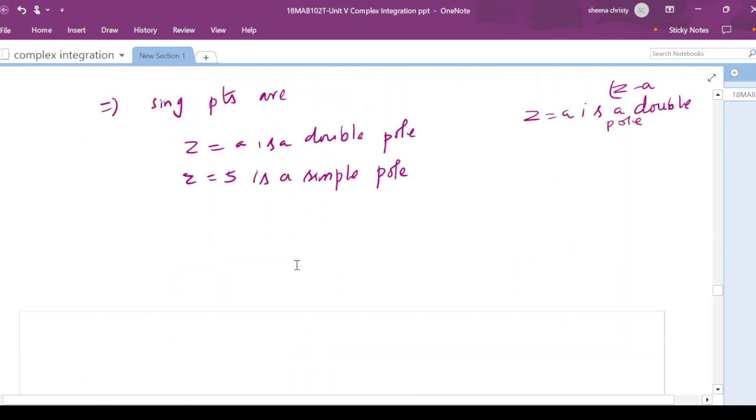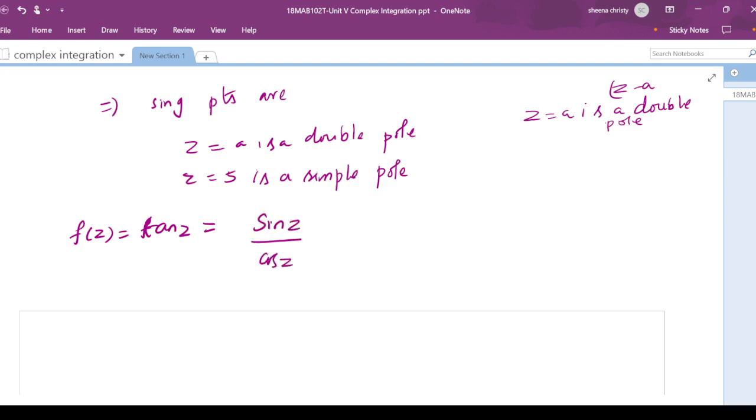Now, if I am taking f of z equal to tan z, this can be written as sin z divided by cos z. Now, by equating the denominator to 0, you will get z equal to cos inverse of 0. What is cos inverse of 0? When is cos getting 0?